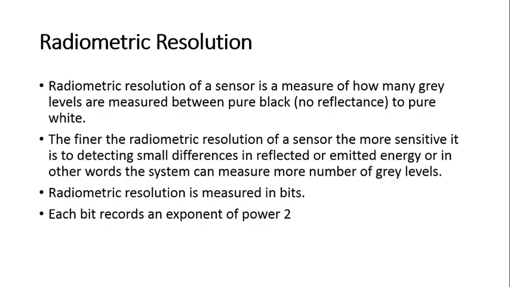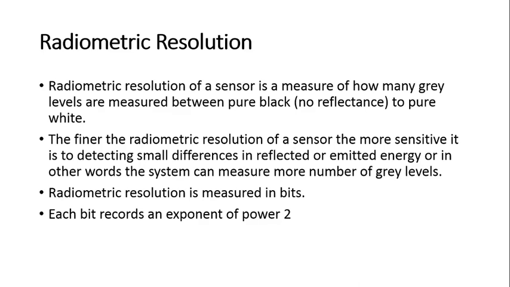So radiometric resolution of a sensor is a measure of how many gray levels a sensor can measure between pure black to pure white. Now when I say pure black, I mean when there is no reflectance, absolutely no reflectance. And when I say pure white, it is totally white, that is full reflectance.